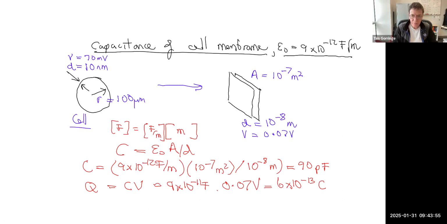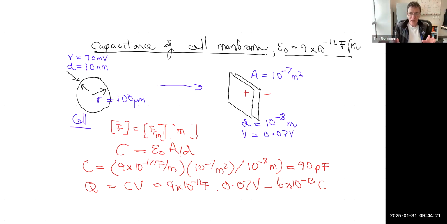Now, this is a very small amount of charge. It's of order 10 to the minus 12 coulombs, but it's a very large number of positive and negative ions that must be layered onto the inner wall and the outer wall of the membrane. One side of the membrane is positive, the other is negative, and there are a lot of ions.